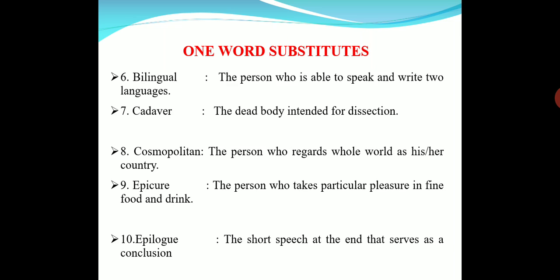Now, bilingual. Bilingual means the person who is able to speak and write two languages. Bi means two. Lingual means language. That means any person who is able to speak and write in two languages is called bilingual. Almost we are all bilinguals.